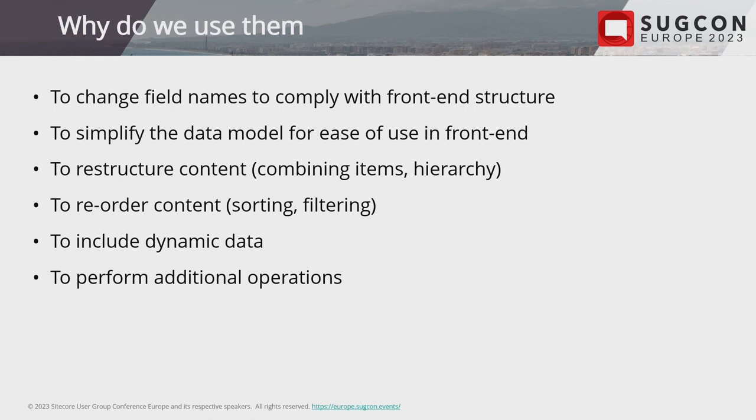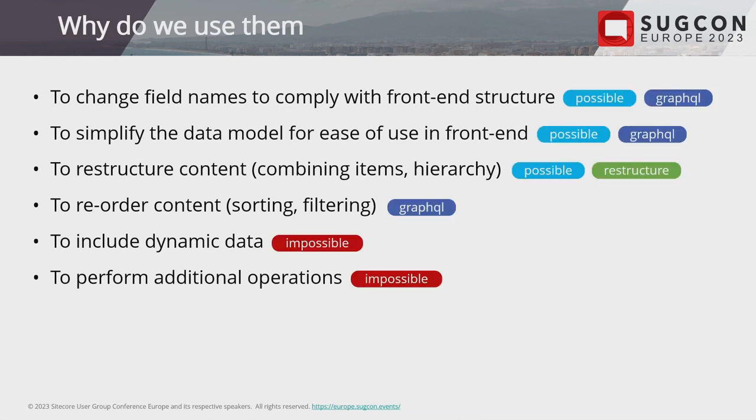If you then look at how this translates to XM Cloud, you will see that some things are still possible and some aren't. Including dynamic data and performing additional operations is no longer possible. The other ones still are possible, but you might want to reconsider changing them either to GraphQL queries or restructuring your content.